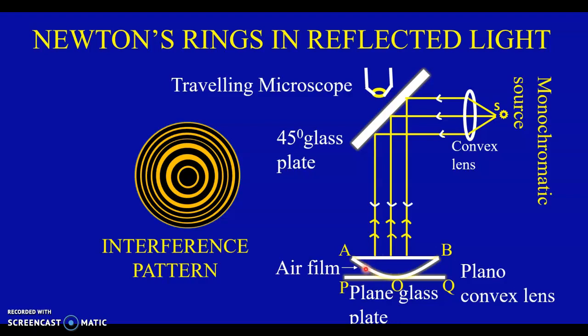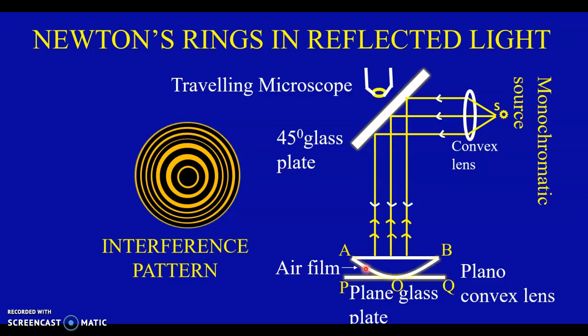Partial reflection takes place here. That means part of the light gets reflected, and part of the light goes into the film and again gets reflected at the bottom surface of the air film.